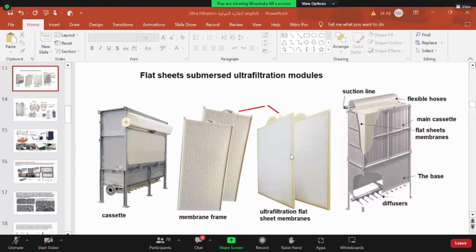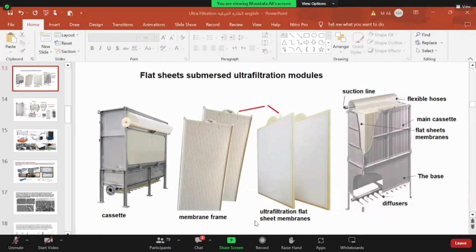For the bottom part, we have these coarse bubble air diffusers to generate air bubbles. These air bubbles move across the space between the two sheets and create movement and turbulence between the two plates to remove the cake layer accumulated on the membrane surface itself.